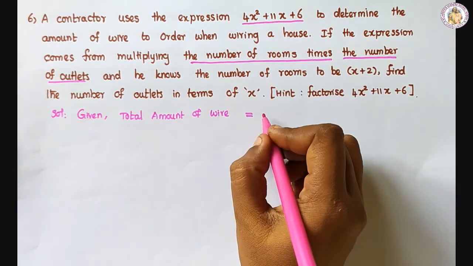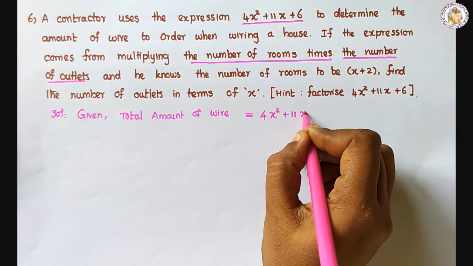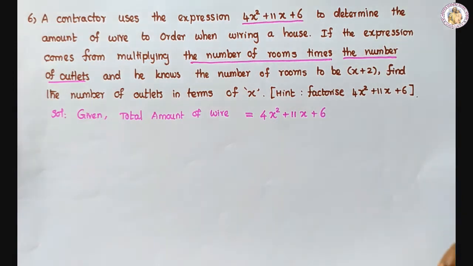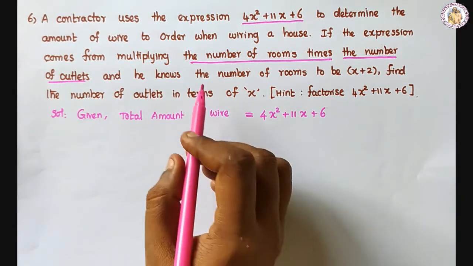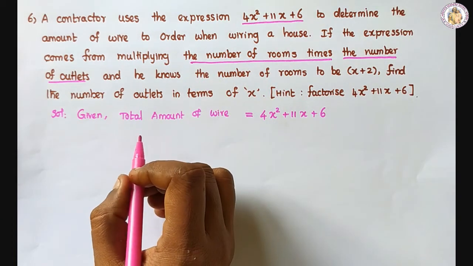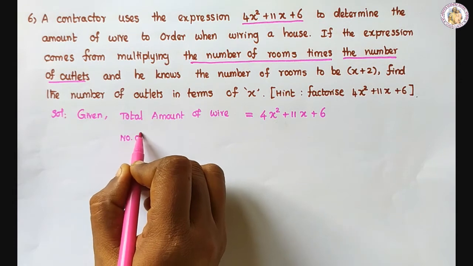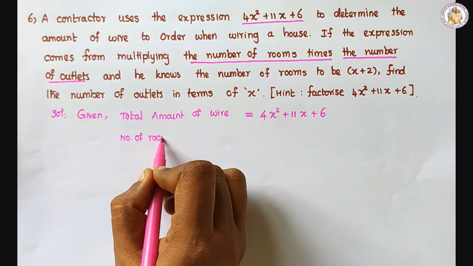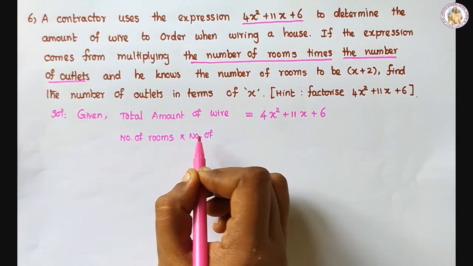That is equal to 4x squared plus 11x plus 6. It comes from multiplying the number of rooms times the number of outlets.